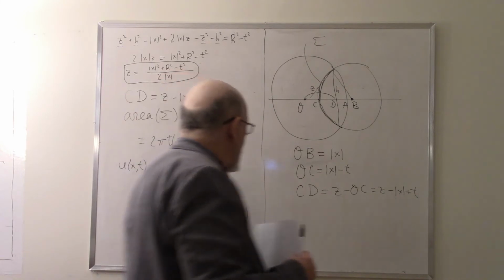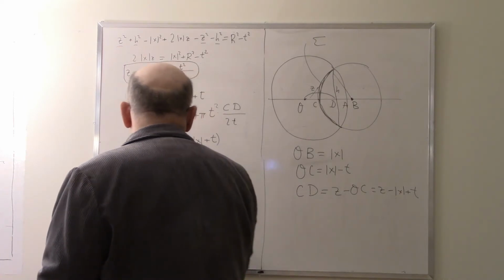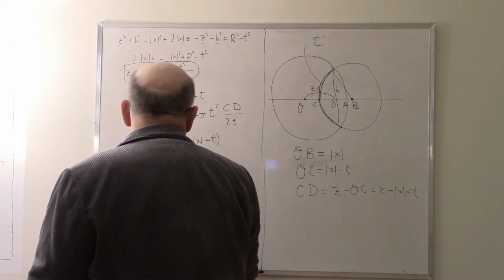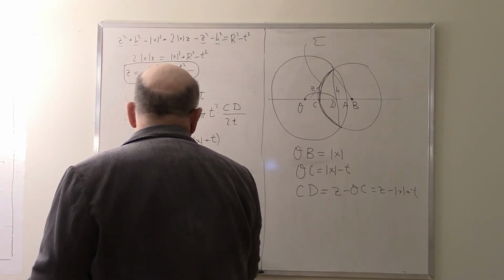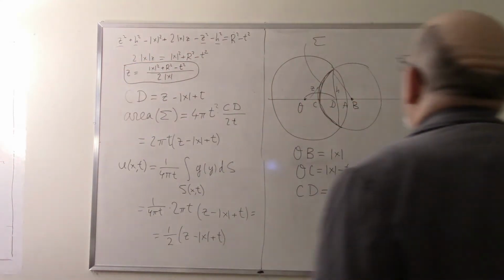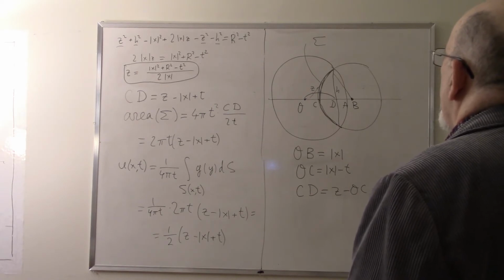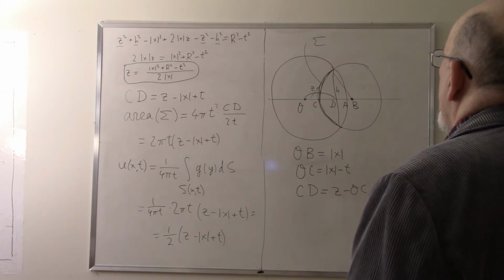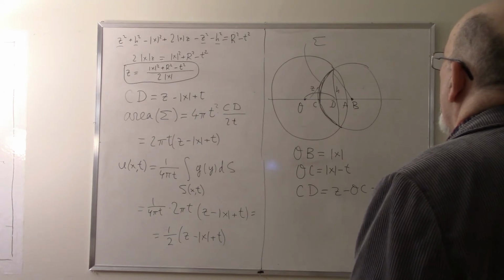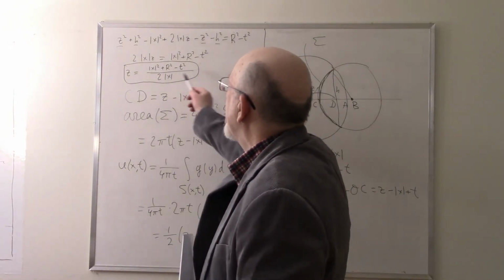So we have u equals 1/2 times Z minus module x plus t, where Z is found by this formula.